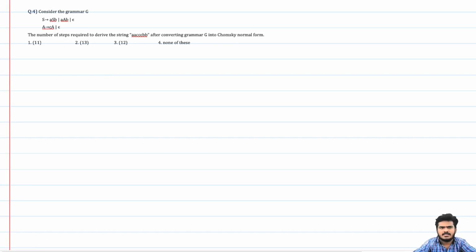So the question is like this: we are given a grammar, S producing AB or epsilon, and A producing CA or epsilon. They have also given the number of steps required to derive a string. Actually, the string is derived after converting grammar G into the Chomsky normal form.